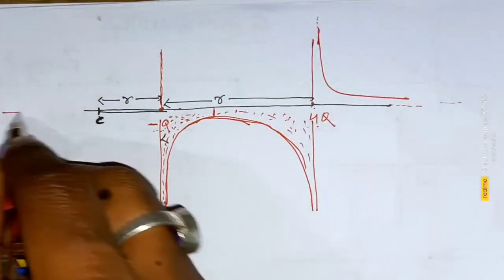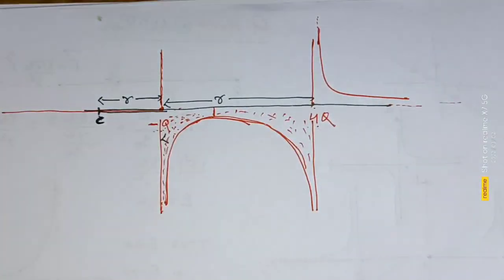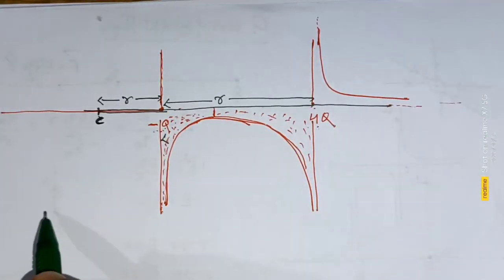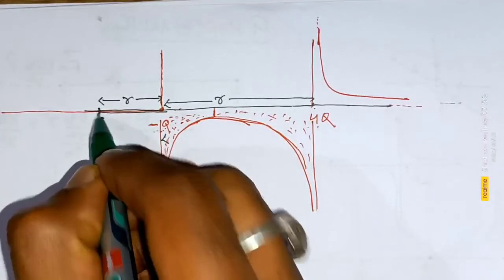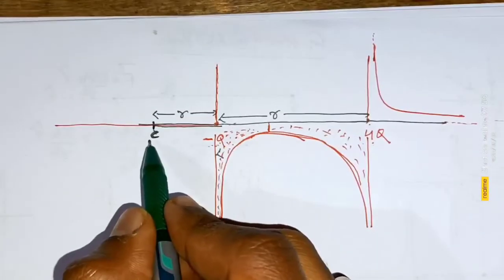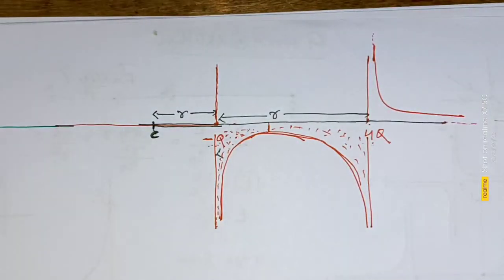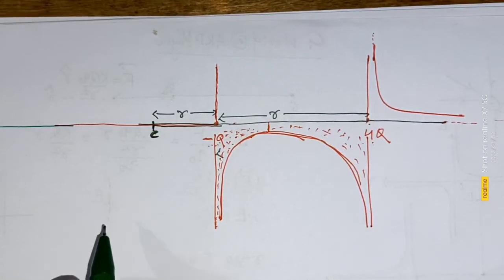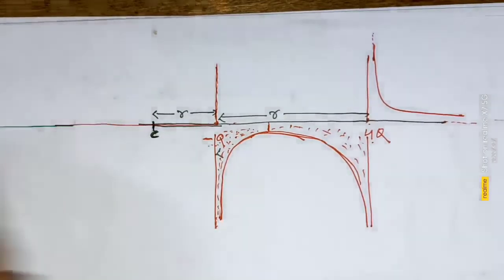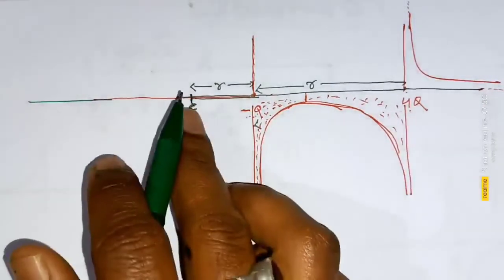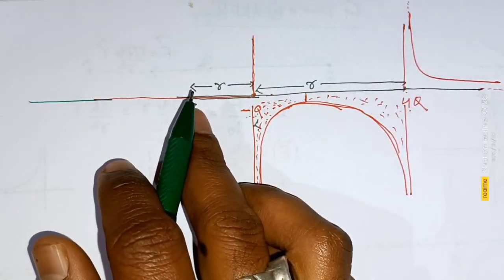Look at this section, it is very important. How do we plot it? At point C the equilibrium point comes, where the electric field is 0, and at infinity, when r tends to infinity, the electric field is also 0. So at two points the electric field is 0.